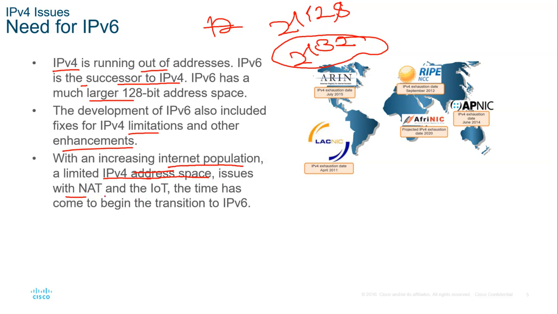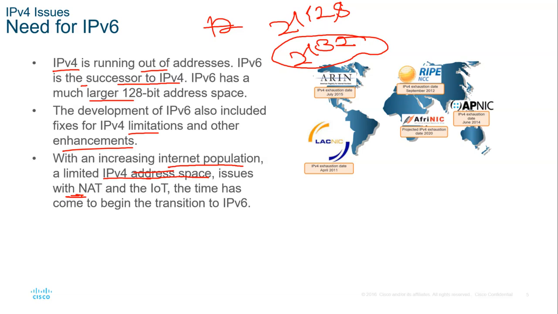Then issues with NAT, that within IPv4 we have private and public addresses. The private is translated to a public IP address every time the internal computers want to access the internet. So it's an issue.